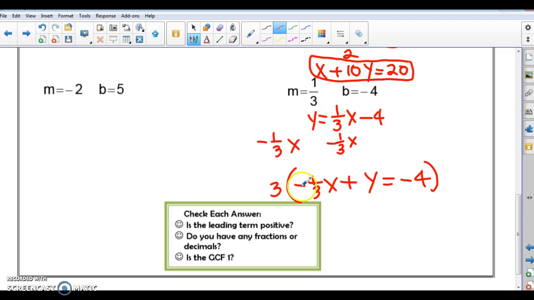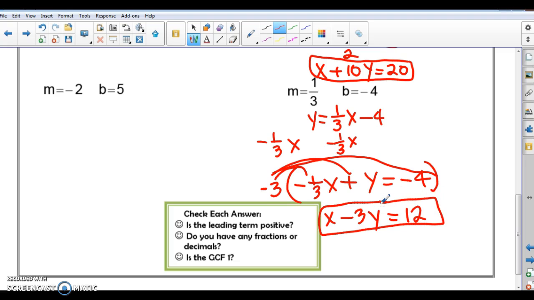How do I get rid of negative? We need to multiply by negative. So instead of multiplying by 3, you need to multiply by -3. In that case, we're going to get rid of this negative coefficient. So we're going to multiply all 3 terms. -3 times -1/3 is positive x. -3 times y is -3y. And -3 times -4 is positive 12.